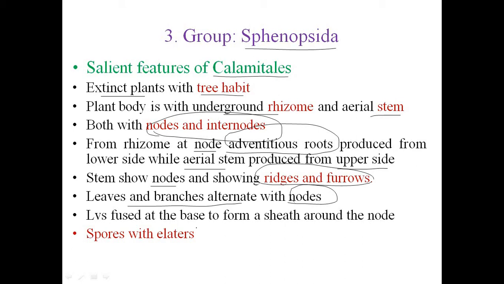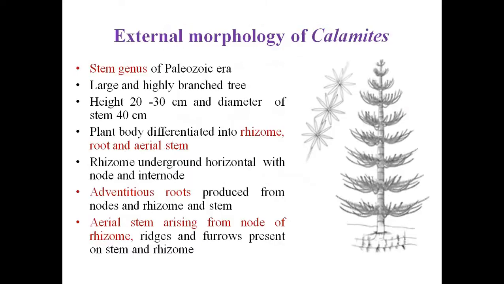Leaves fuse together at the base and form a sheath around the node, whereas when spores are observed, they are with elaters. This is the external morphology of the genus Calamites from the order Calamitales.